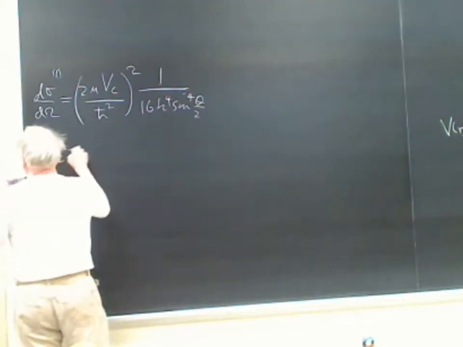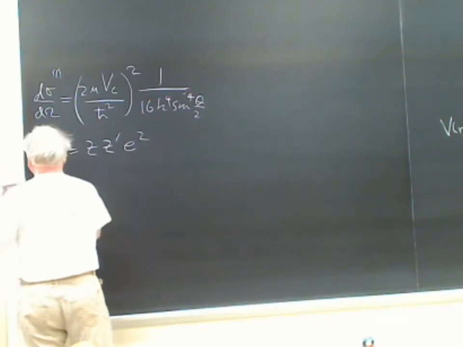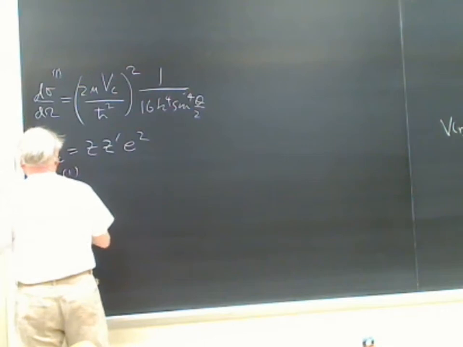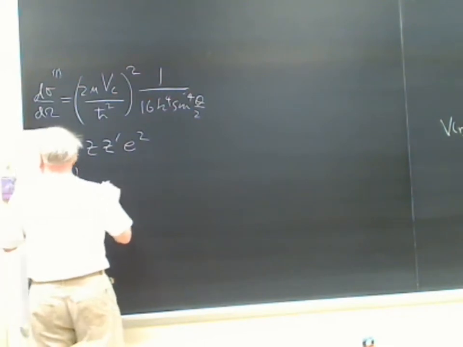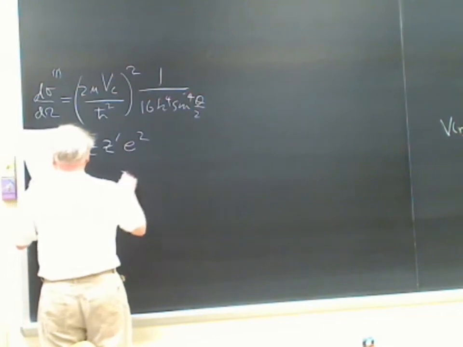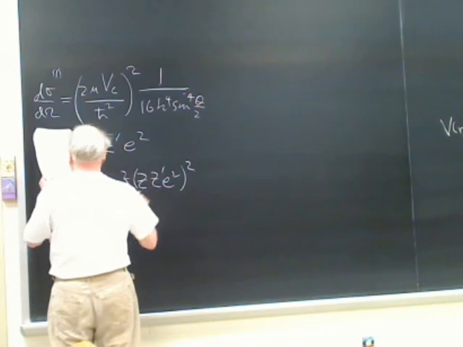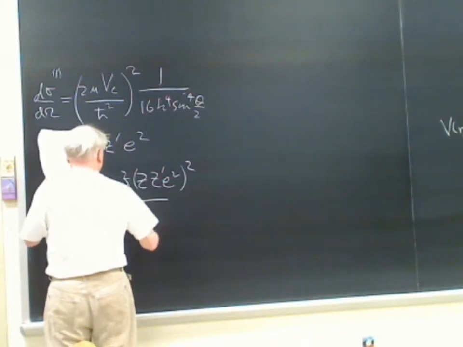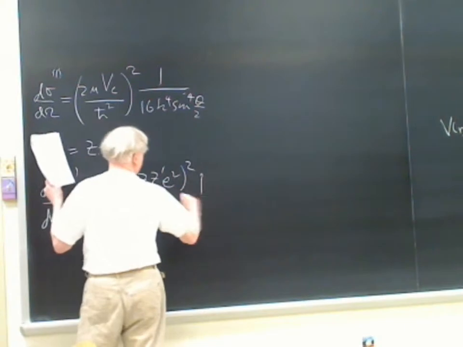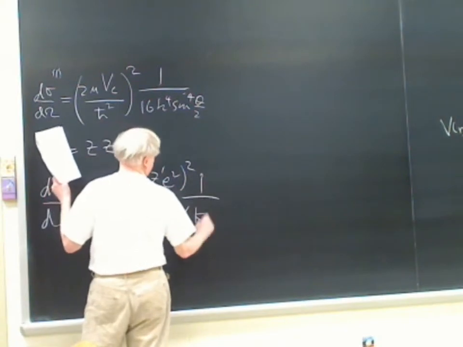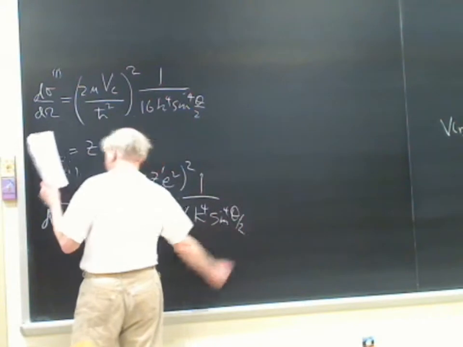Here, V Coulomb is z prime e squared, and so d sigma d omega goes to 2 mu squared z prime e squared over h bar to the 4th, and then this factor 1 over 16 k to the 4th sine to the 4th theta over 2.